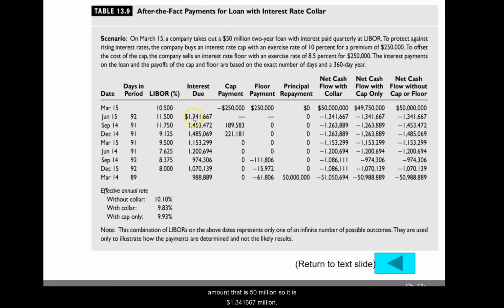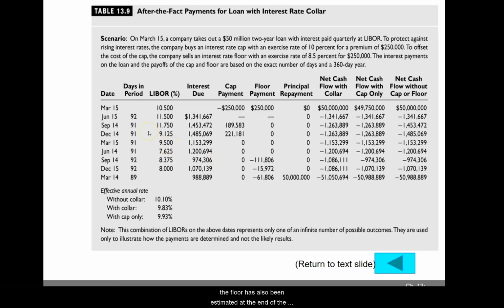So it is 1.341667 million, and this is the net cash flow with the collar. We've also here a column where the net cash flow with cap only and the net cash flow without the cap or the floor has also been estimated.